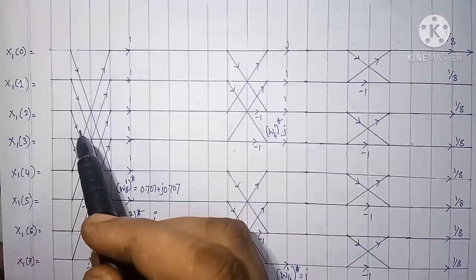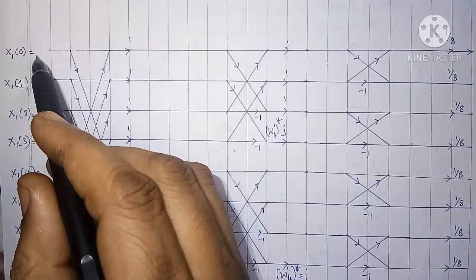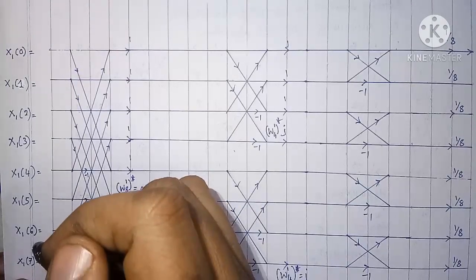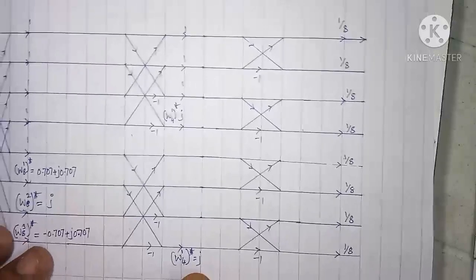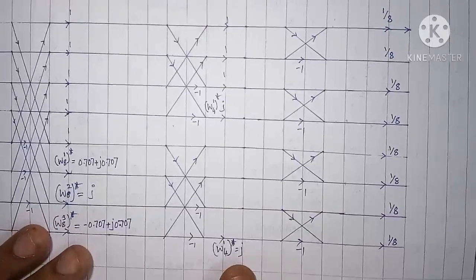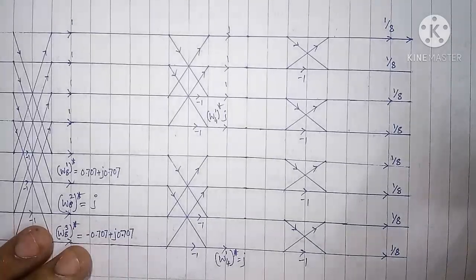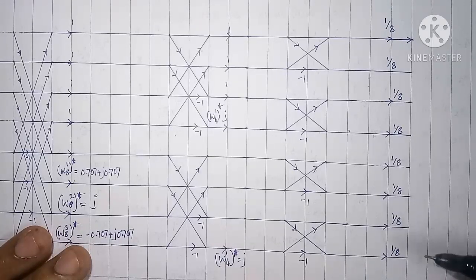In this diagram, we will be giving X of k values in normal order as input on the LHS, and on the RHS we will be getting x of n as output in the bit reversed order.